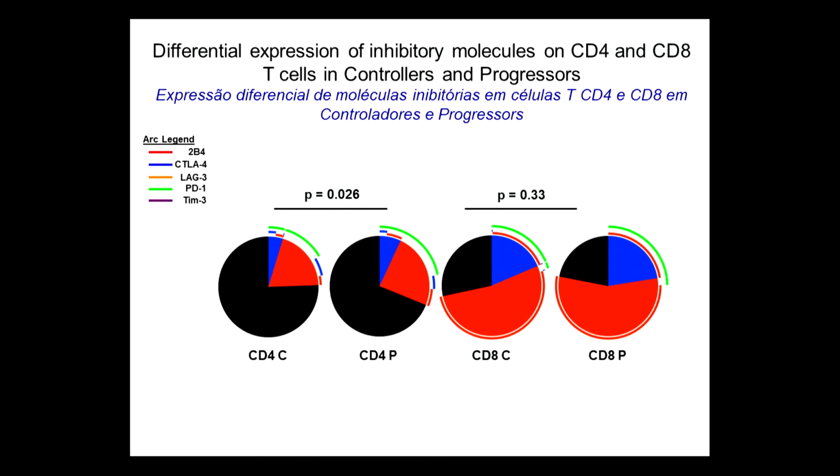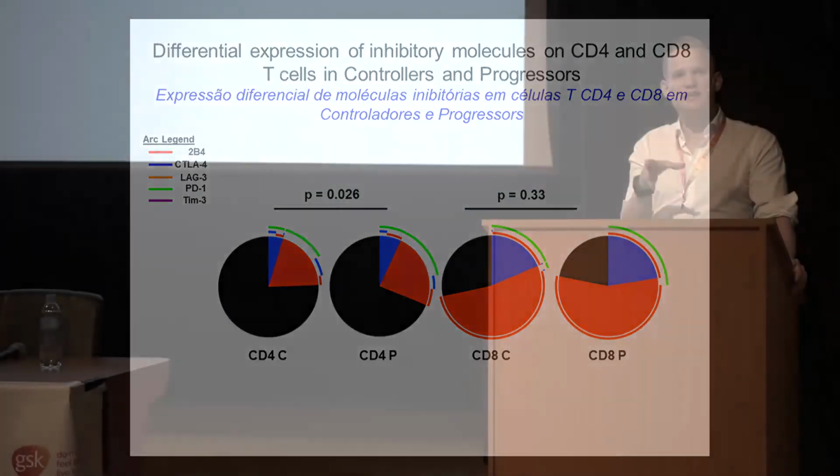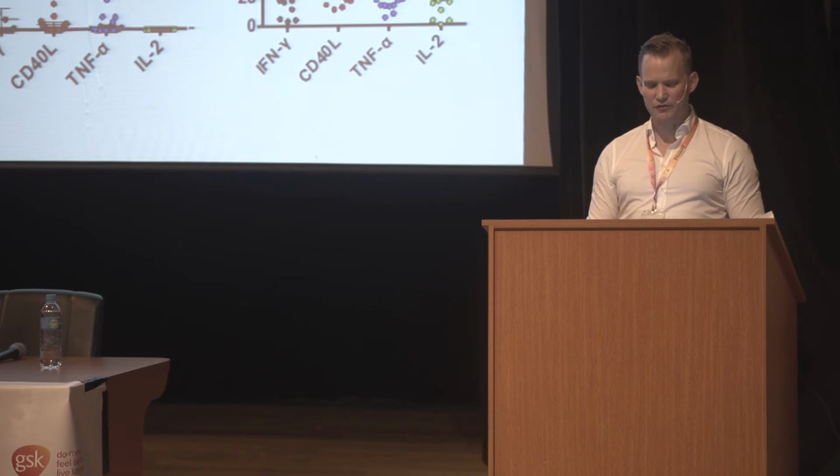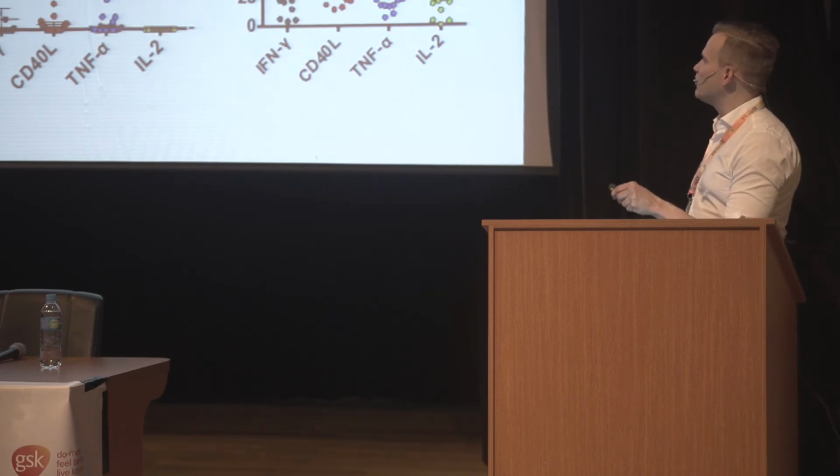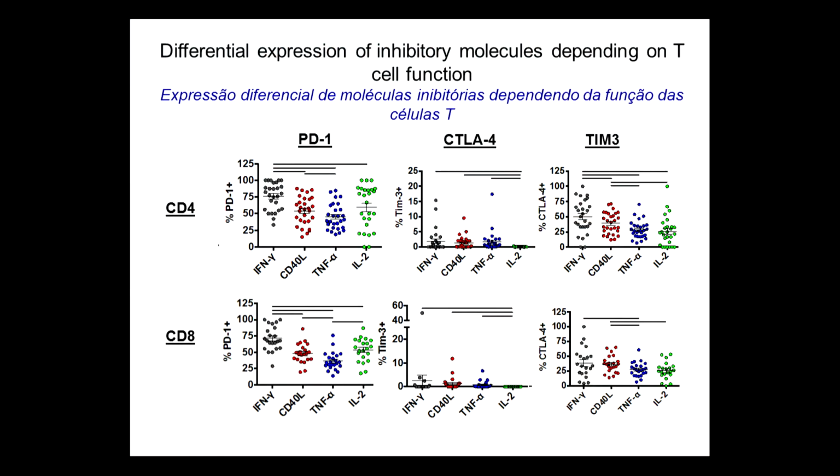So our next question was how this is impacting the CD4 T cell response and the CD4 T cell function. At the very beginning, I showed you this whole picture of the different CD4 T cell functions, and we just looked at a few of them in comparison to CD8, like interferon gamma, CD40 ligand, TNF alpha, and IL-2.